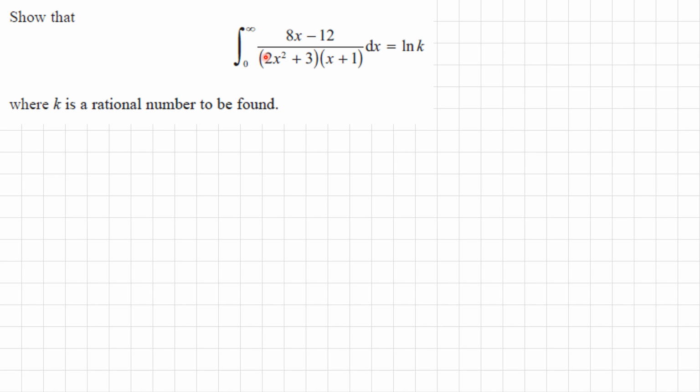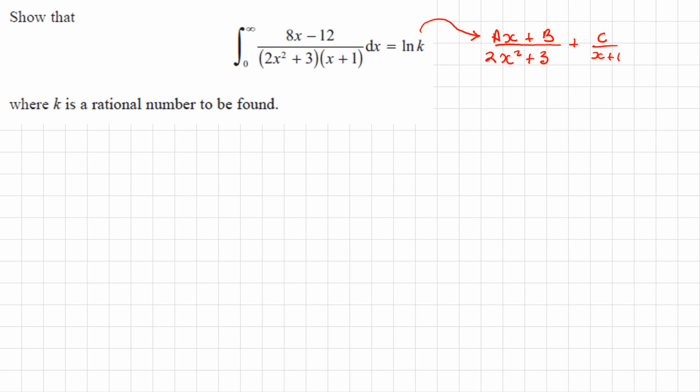But this is a partial fraction where we've got this 2x squared in here, and there's a way that we need to deal with that which is slightly different to what you would do in normal maths, and that is that we need to write this as (ax plus b) over this denominator of 2x squared plus 3, plus c over x plus 1.